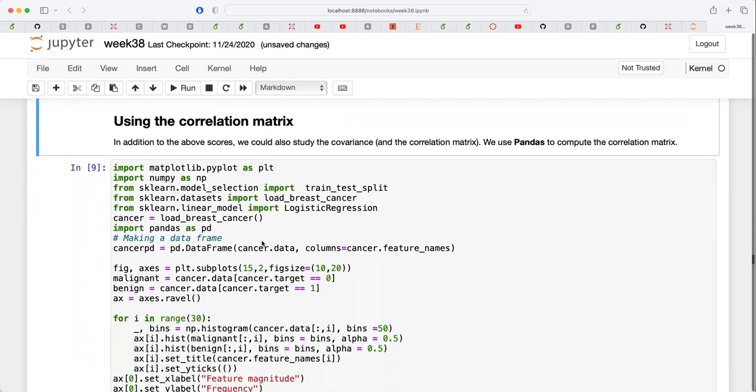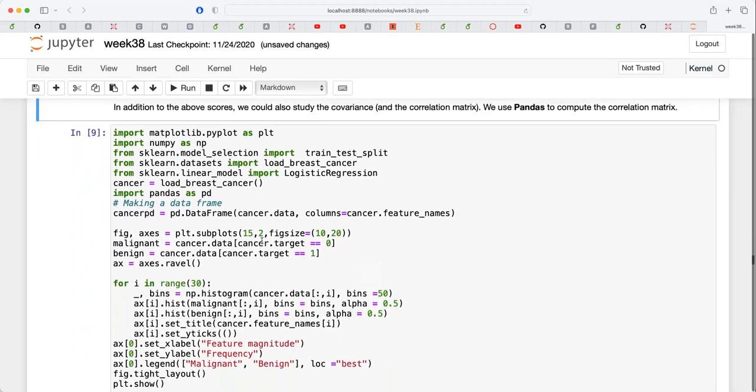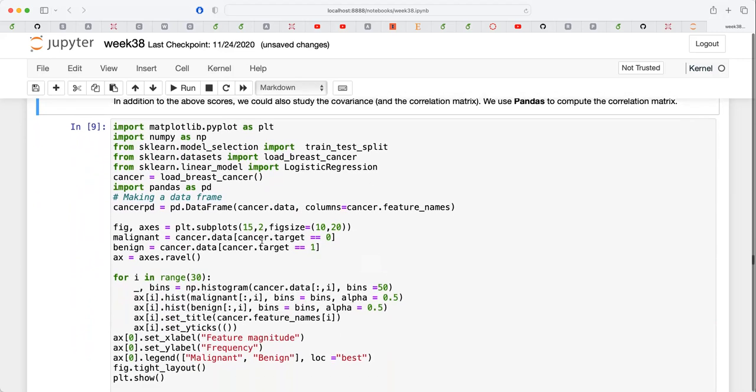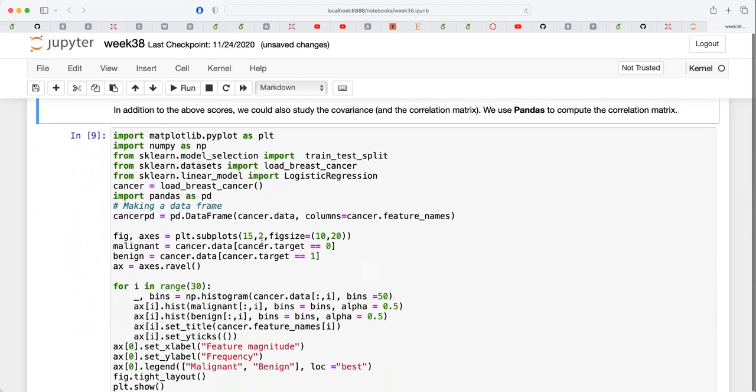Now, there's another thing which I wanted to highlight to you. And you may remember in the beginning, we talked about the so-called correlation matrix, which is actually you calculating the covariance and you scale it by the variance. And this is a quantity which varies from -1 to +1. And if it has a value of 1, it means that you have a high degree of correlations between the different features.